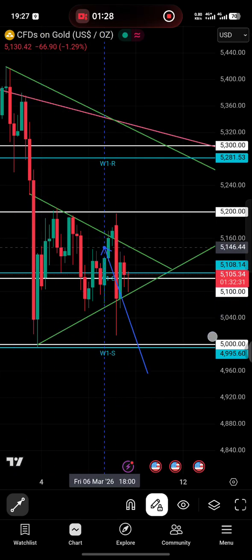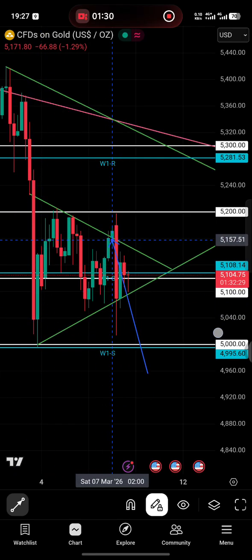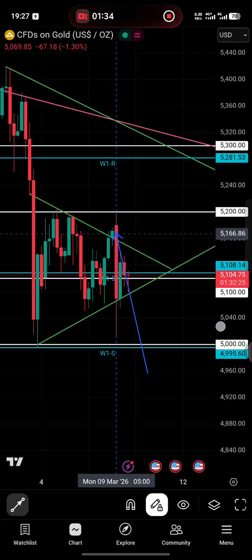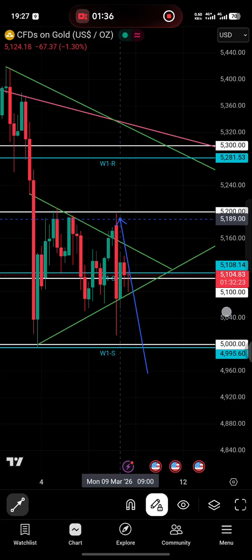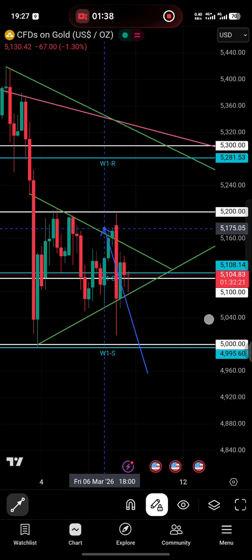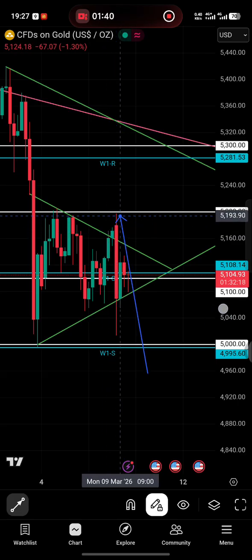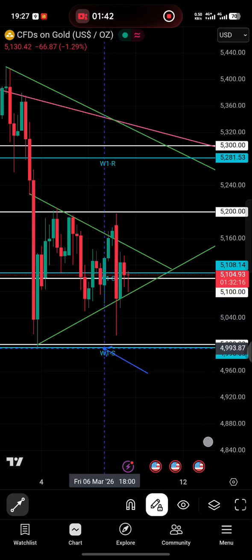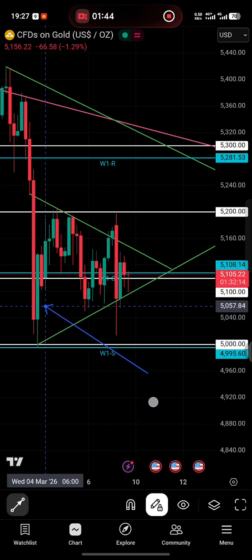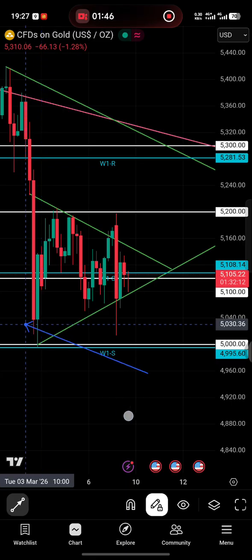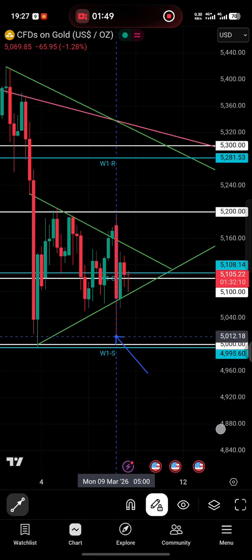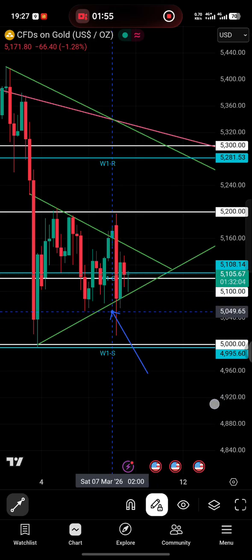But the latest daily candle, or the first 4-hour candle of the day, pushed up producing a top wick before pulling back and then pushing down all the way to attack this support. And after attacking this support, it pushed down further to create a new low before pulling back and then closing.